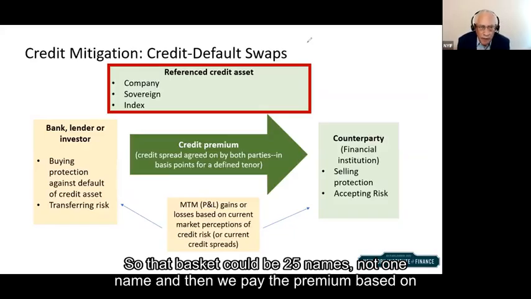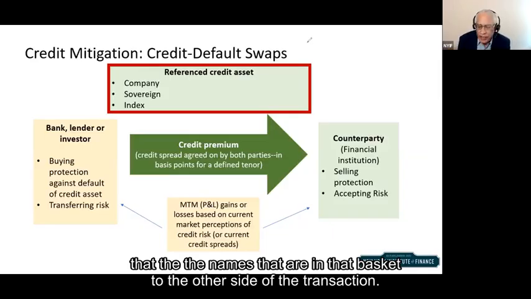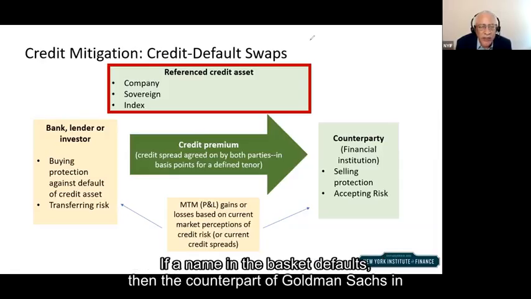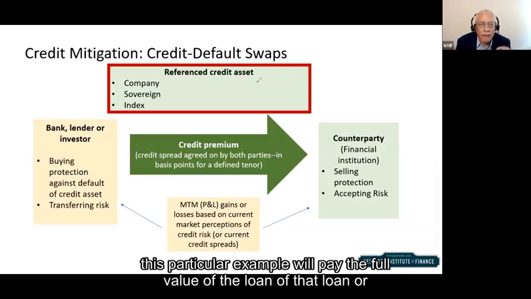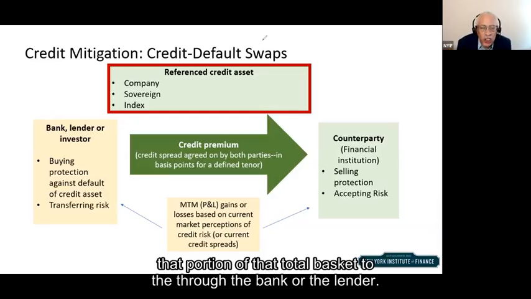And then we pay the premium based on the names that are in that basket to the other side of the transaction. If a name in that basket defaults, then the counterparty, Goldman Sachs in this particular example, will pay the full value of that loan, or that portion of the total basket, to the bank or the lender.